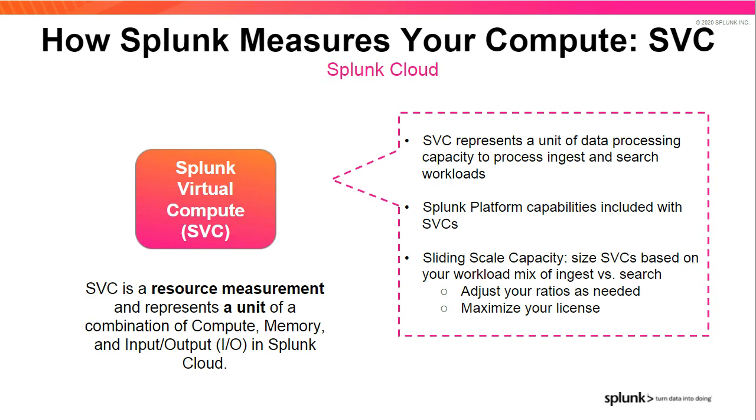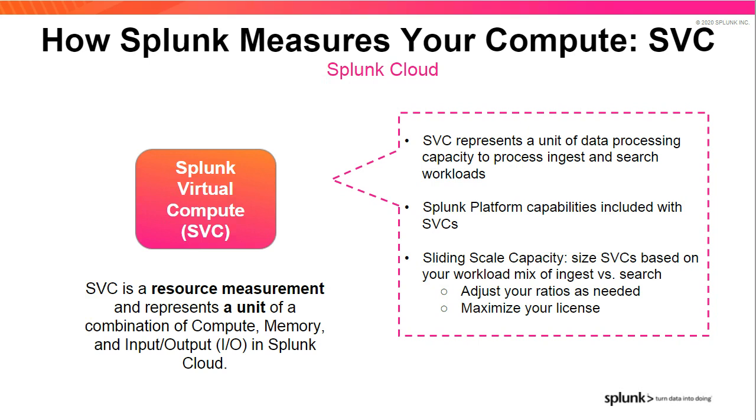It also accounts for other factors like memory, I/O, network resources, and other factors that allow your Splunk instance to thrive. But largely, you can think about it as data processing capacity underneath your Splunk Cloud instance.